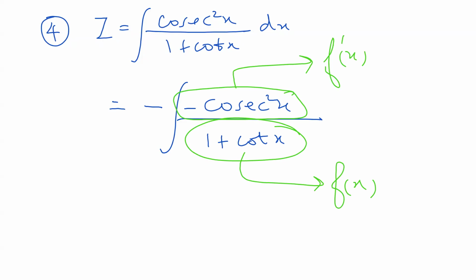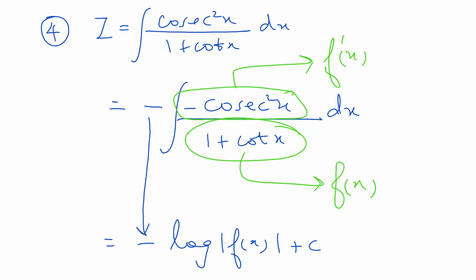Okay. So the derivative of the denominator is present in the numerator. So you can use this particular property, log mod f of x. The minus sign will remain outside, one of the minus signs. And then in the last step, you can just put f of x as 1 plus cot x. Okay. So this is one way to solve this particular problem.